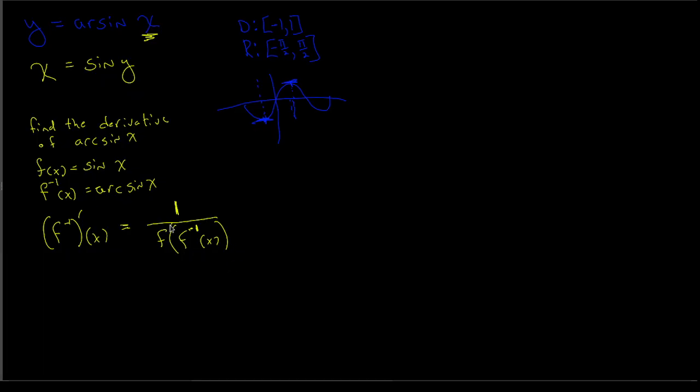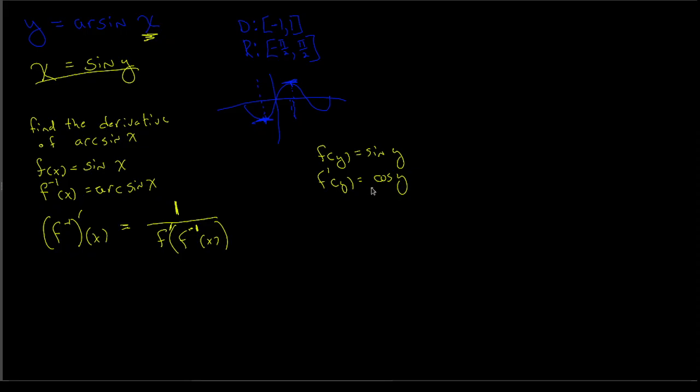So we'll use the derivative. Using this definition here, the function of y is equal to sine of y. The derivative is cosine of y then.